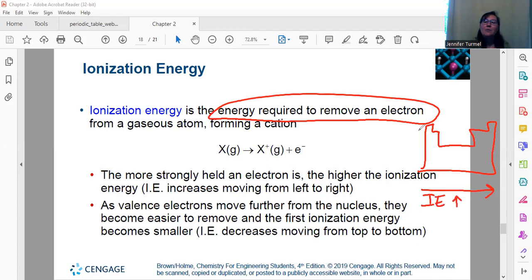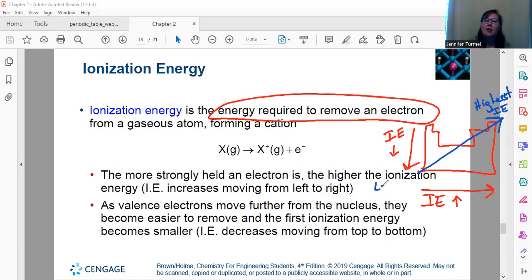Okay, but as we go down the periodic table, the electrons are moving farther away from the nucleus, and so they're easier to remove. So here, our ionization energy gets smaller as we move down the periodic table. So that means that on the periodic table, we could draw this line like this, and these are the highest ionization energies.